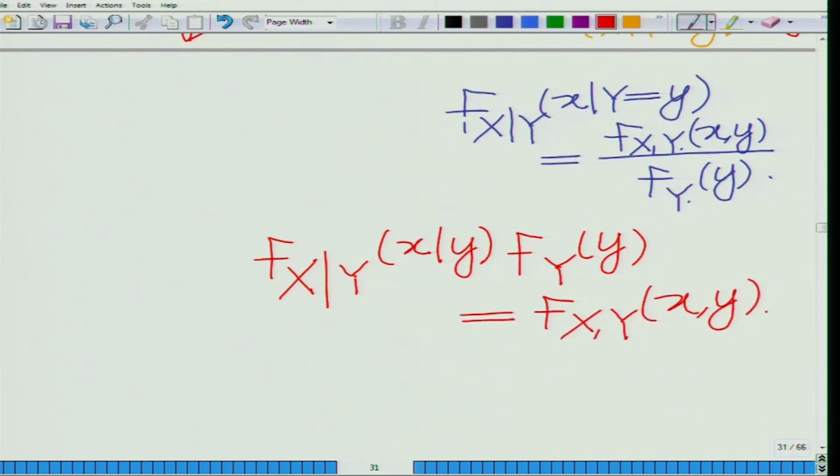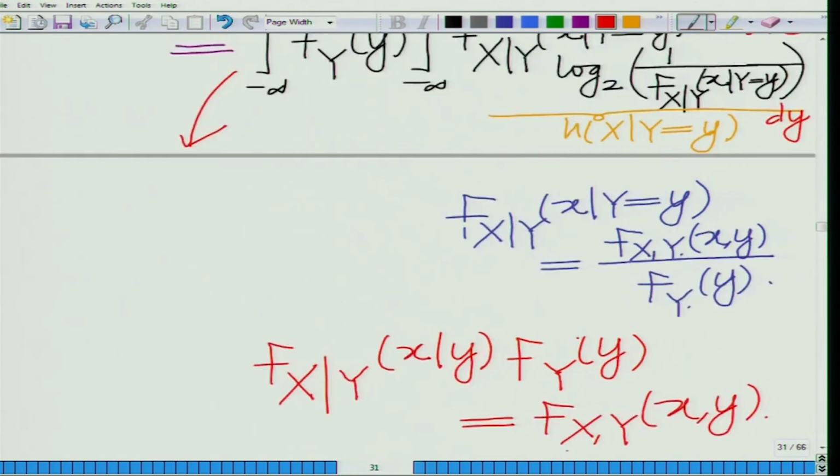Okay, so f of x given y, the conditional probability density function, times the marginal probability density function equals the joint probability density function.